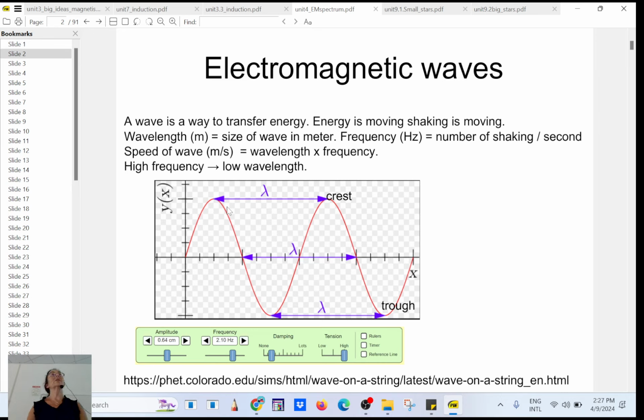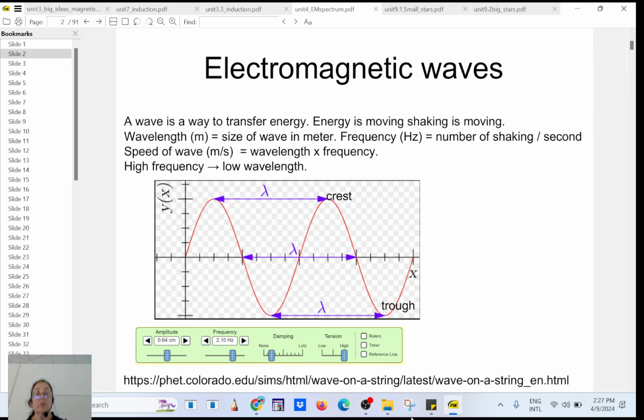It's going to carry energy with it. From above, you're going to see crest after crest. That distance is called the wavelength. Now, at a given position, it's going to go down, up, down, up. The time it takes to go up, down, up is called the period.